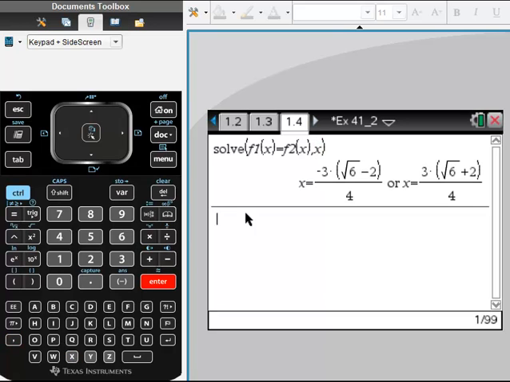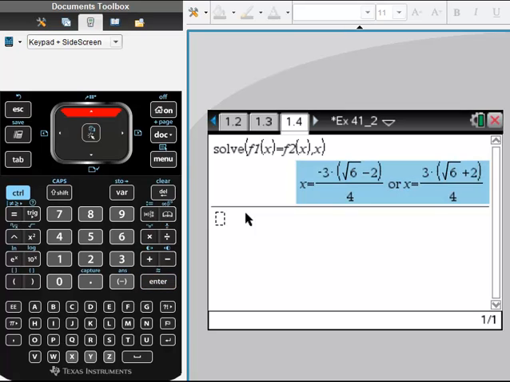Great. We indeed have found exact values for those limits of integration. Now let's get a hold of them. So I'll go back up here. Let me cursor left. Now when the solve function goes to work, it provides solutions in ascending order.